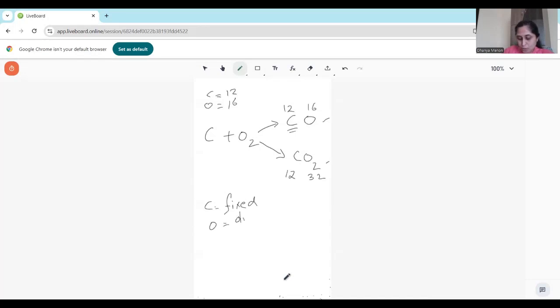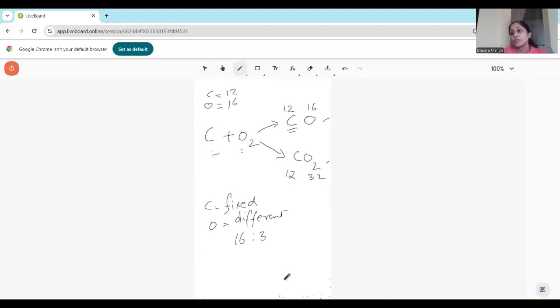So when two elements combine to form more than one product, the different masses of one element that combine with the fixed mass of another element bear a small whole number ratio. That means we have to find the ratio between the two oxygens in the two products, because the carbon mass is the same in both cases. So in this case, 16 is to 32.